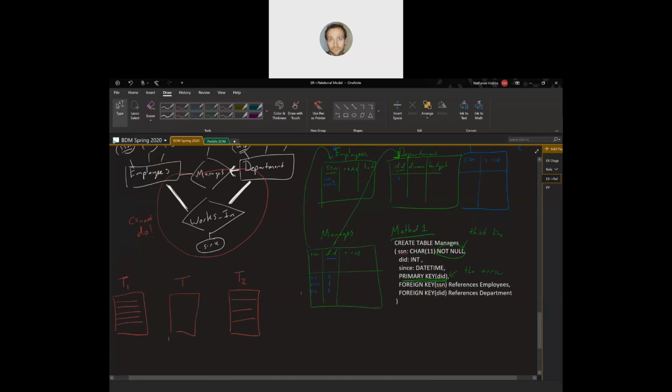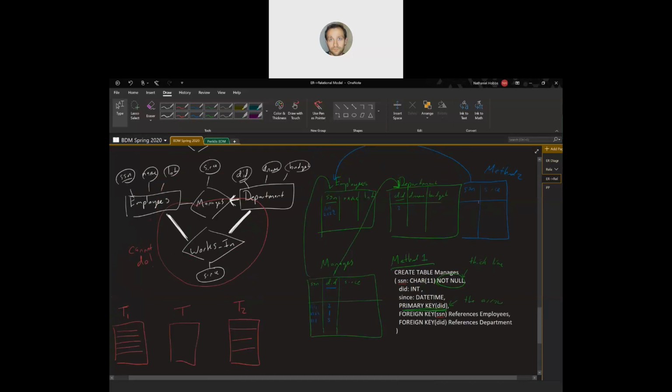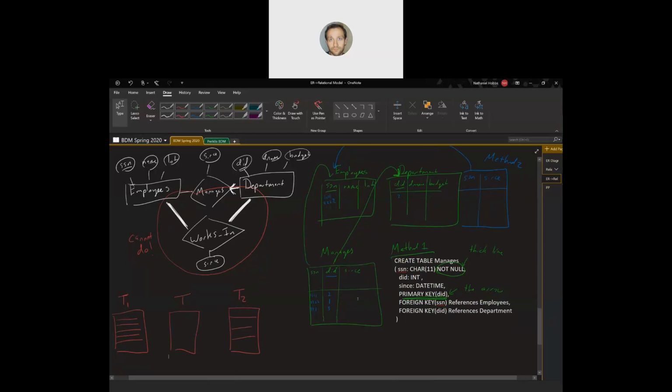And I'll also just reiterate here, this sort of method 1, method 2, it should always be the case that you could create another table like this. There's reasons why you might prefer method 2, but you're never forced to only extend an existing table. You can always create another table and achieve the same result. I'll get to in a minute why you might prefer one over the other, but each are very valid ways of doing this.